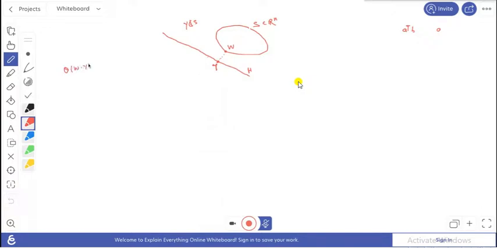Students have a query regarding this W minus Y transpose times X minus W. Okay, and there is another term, X minus W transpose times W minus Y. Okay, and sometimes they are opposed here and here, and we combine these two terms and write 2 theta times W minus Y transpose X minus W. Okay.